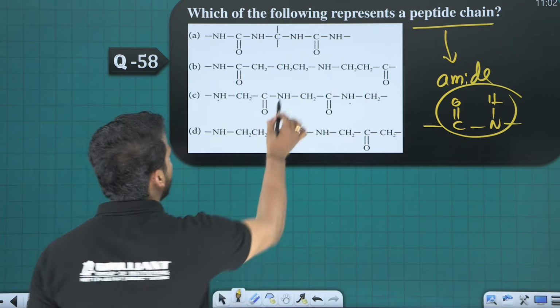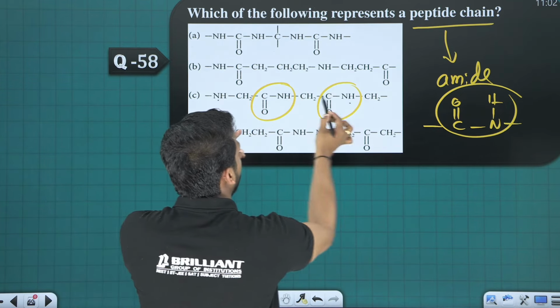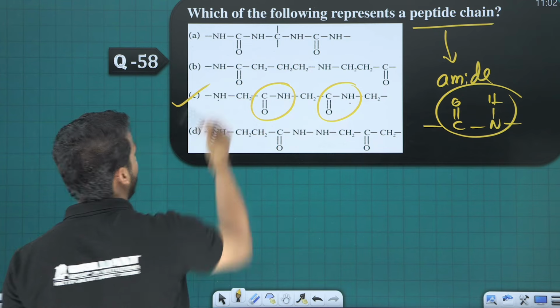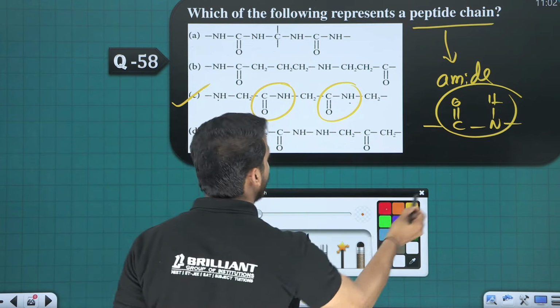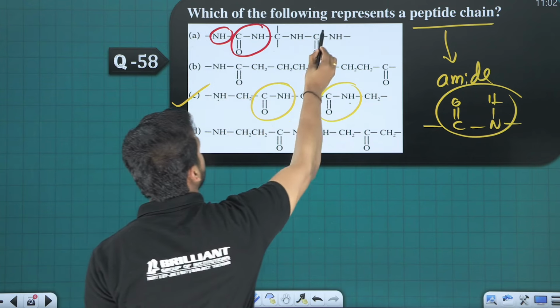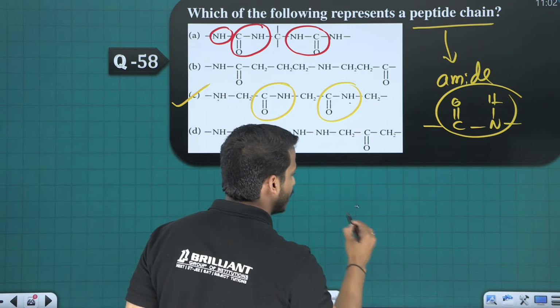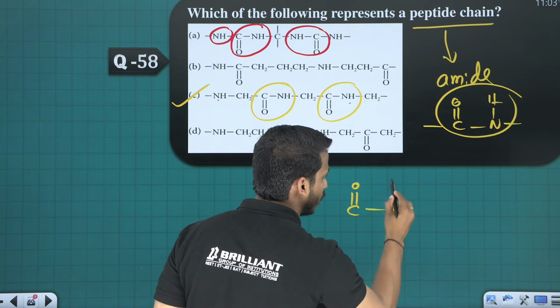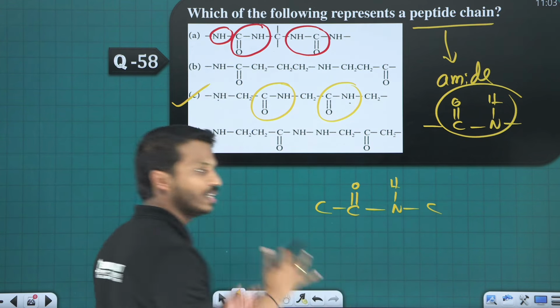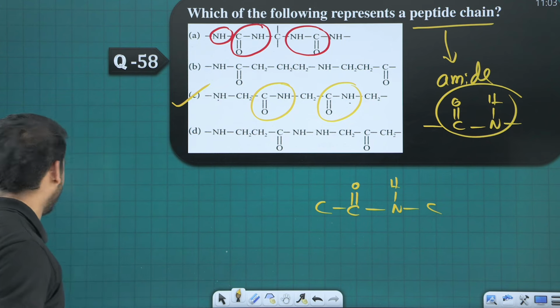CONH is there, CONH is there between carbons. So option C. You may think why it's not option A? Dear all, this is CONH but nearby also NH is there. CONH connection will be there, left and right you can see carbons. Again CONH is repeated. That is peptide linkage.